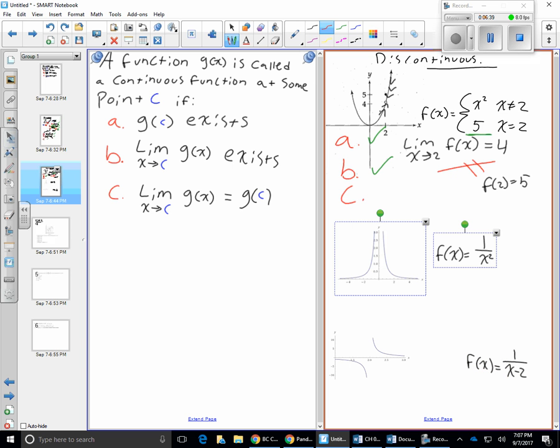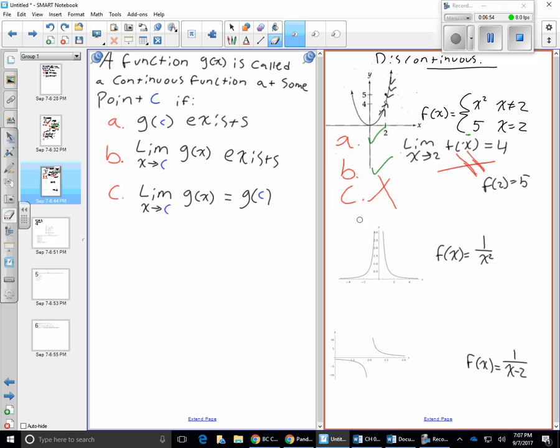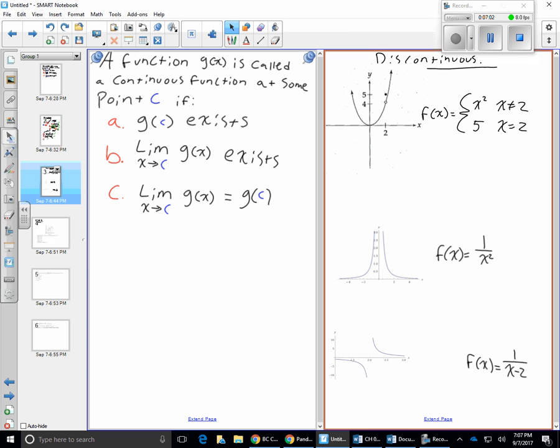So this limit does not equal this function value, so c is violated, and this is a discontinuous function. Now that's pretty clear from the graph itself, but that might not be super clear from just the function, why it is discontinuous. And it's because it violates part c.